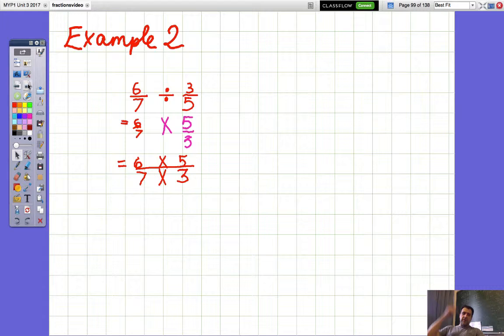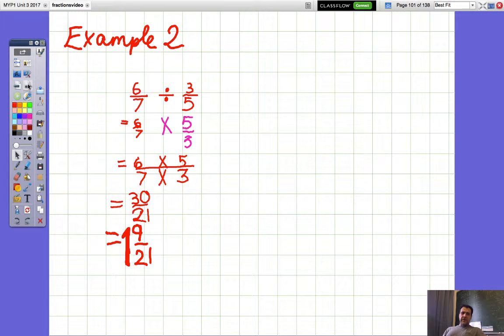Top times top, bottom times bottom gives you 30/21. Top heavy. Sorry, 21 goes into 30 one time with 9 left over. So that's the same as 1 and 9/21. 9 and 21 both divide by 3, so you can divide by 3/3 to simplify that to 1 3/7.